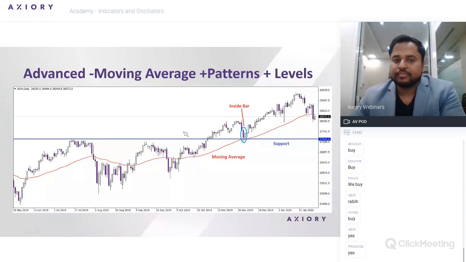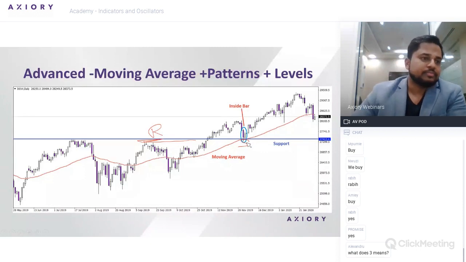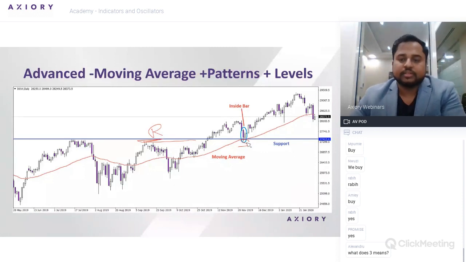You also see here, a previous resistance now becomes a support. These are the areas where we look for buying or selling. So here we got an opportunity. What does three mean?